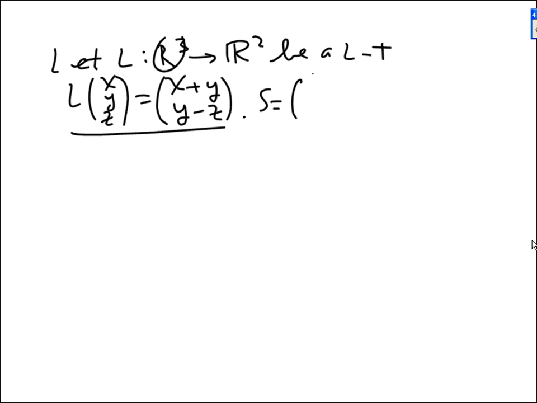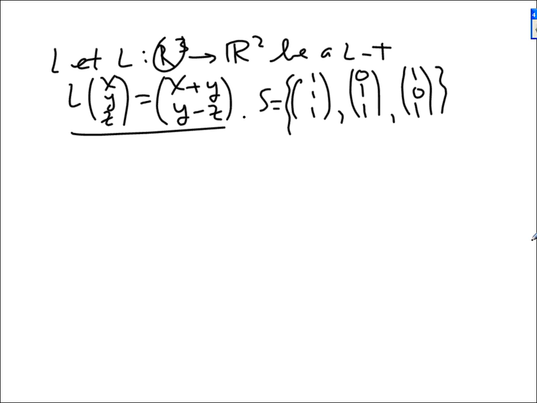S will be (1, 1, 1), (0, 1, 1), and (1, 0, 1). The basis for R2, which we'll call T, is (1, 2) and (-1, 1). So we want to find the matrix A.